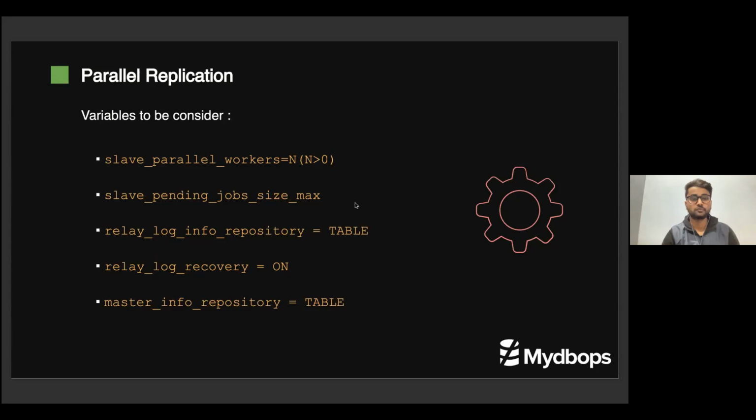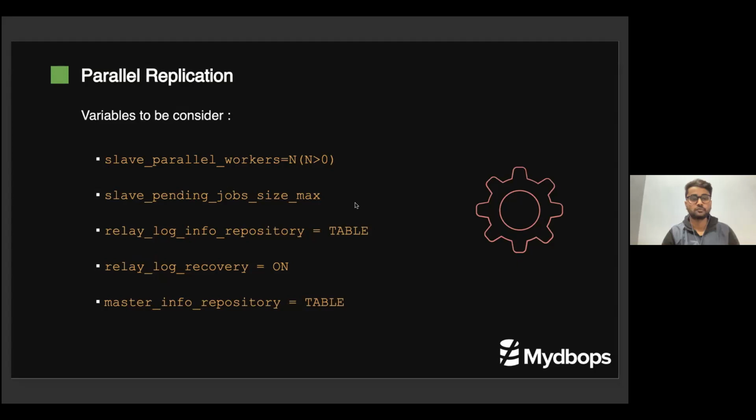And relay log info repository and master info repository should both be set to table. The relay log info repository stores the replica's relay log information, and the master info repository stores the master's IO thread information, like which master binary log file and position.